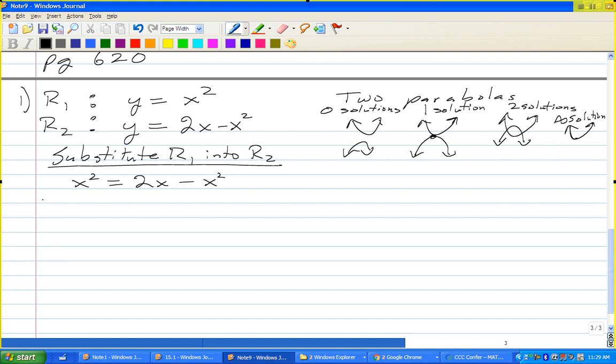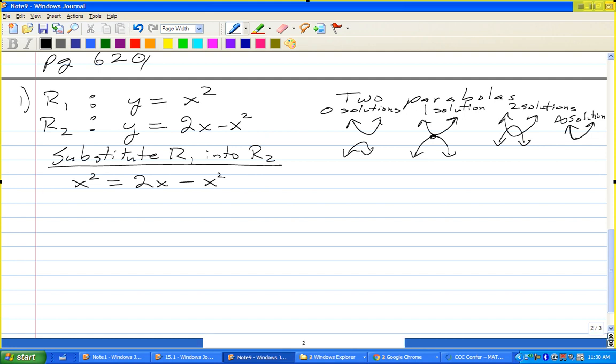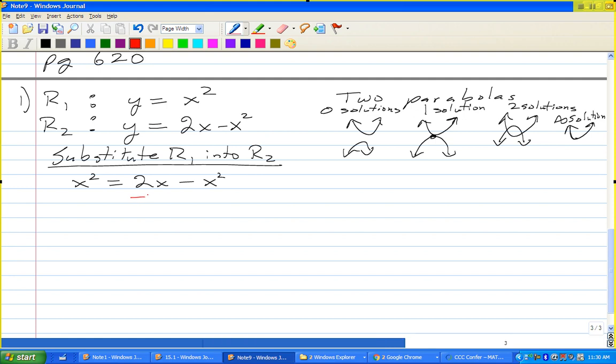Let's subtract 2x and add x squared to both sides of my equation.